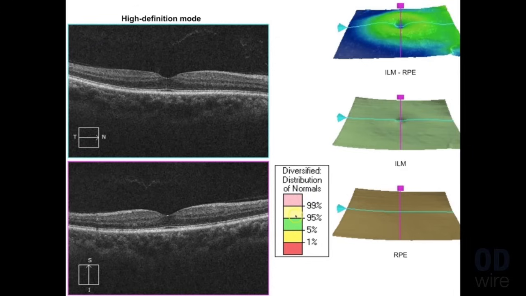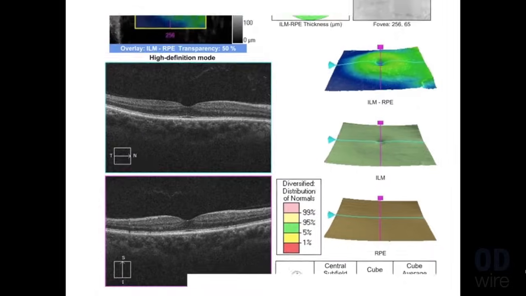If you're a bit thicker than normal, you'll be a straw color, very, very thick, pink. As opposed to if you're down here in that yellow color, you're going to be thin, and red would be very thin, very abnormal. You wouldn't expect to find that in more than 1% of the population, so it's quite a significant indicator for you.